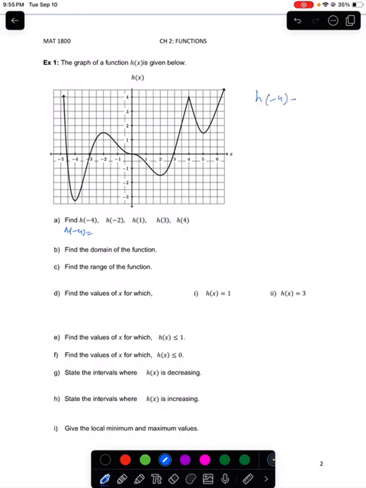So this is the y value that we are looking for, h of -4, and we estimate looking on the y-axis, the value is somewhere in the middle of 3 and 3.5. So let's call it 3.25, or if you want to call it 3.2 or 3.3, that's fine.